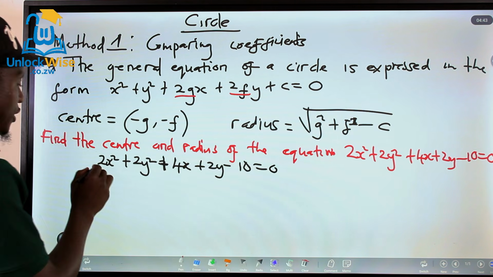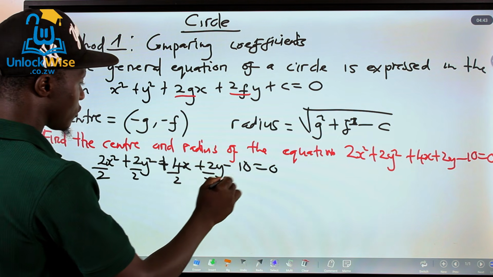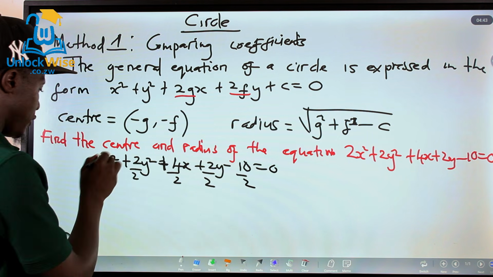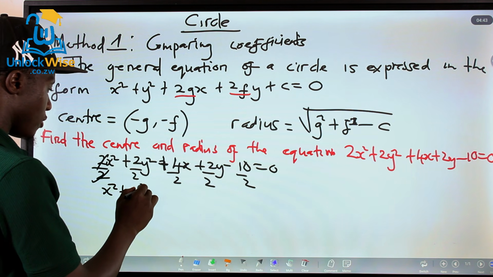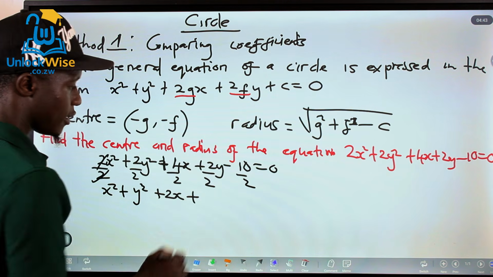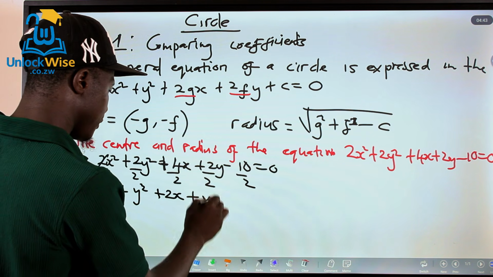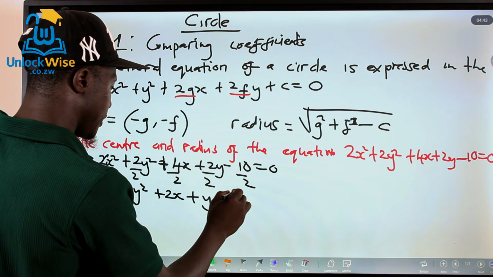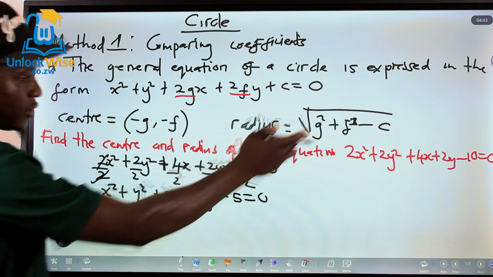First of all, you need to divide throughout by 2, and you'll be left with x squared plus y squared plus 2x plus y minus 5 is equal to 0.